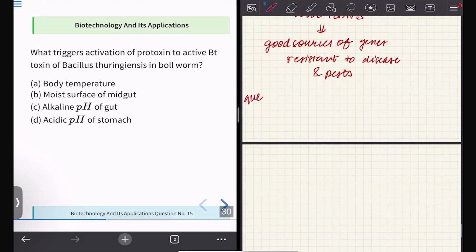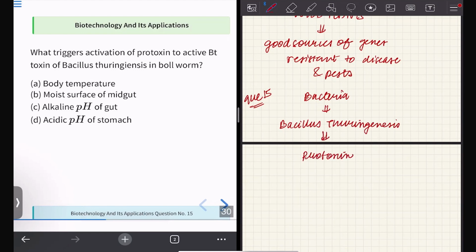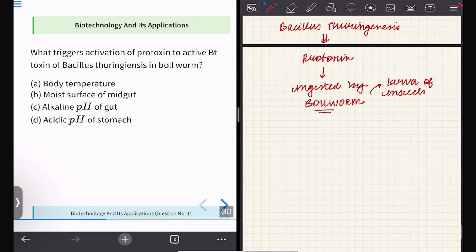So, question number 15 is that we have a bacteria. What bacteria? We have Bacillus thuringiensis, and this actually secretes a protoxin. This protoxin is ingested by bollworm. What is bollworm? It is actually the larva of insects that feed on the fruiting body.